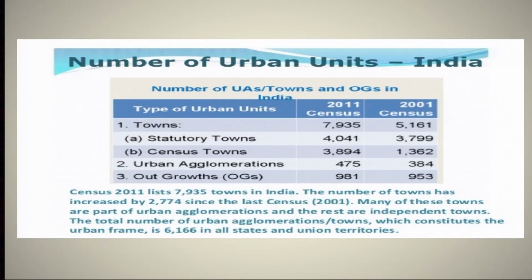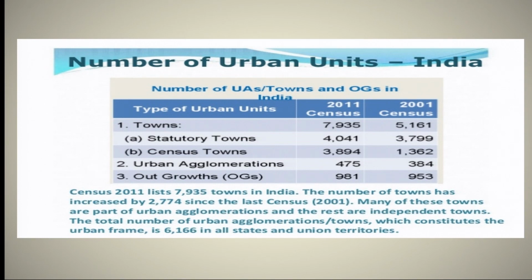The number of urban units in India. Let's have a look at them. The number of urban units, the towns and the OGs in India. Just see the graph. In 2001, there were only 5,161, but in the year 2011, it has grown up to 7,935.